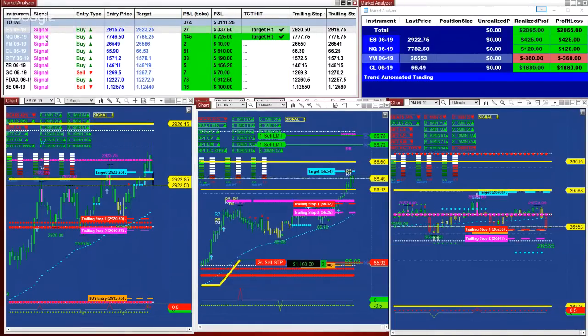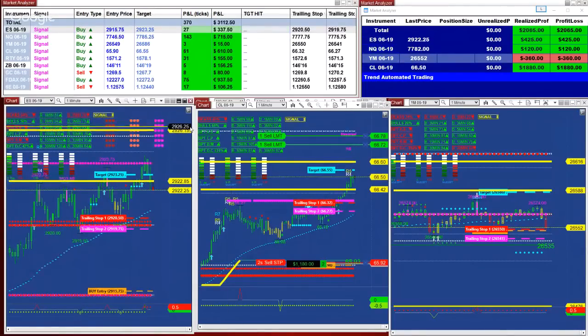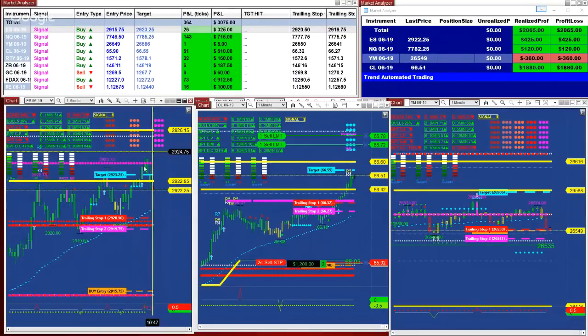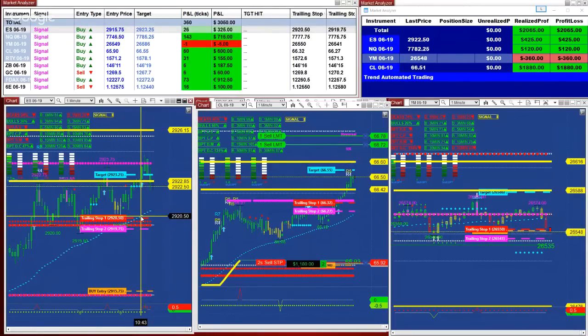So I'm hoping one of them changes direction, and I'm hoping the ES changes direction here. As you see right now, the ES dropped into the same area to see if we are able to penetrate this thick wall here, and we're about to have a new signal on the YM. I'm not interested in it, but I will tell you where it is.